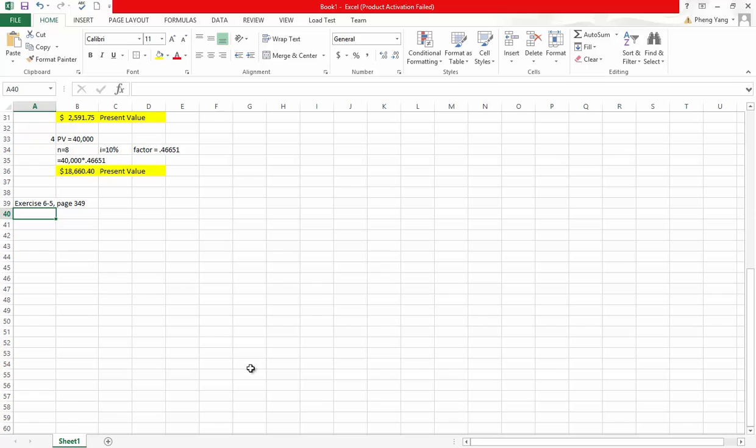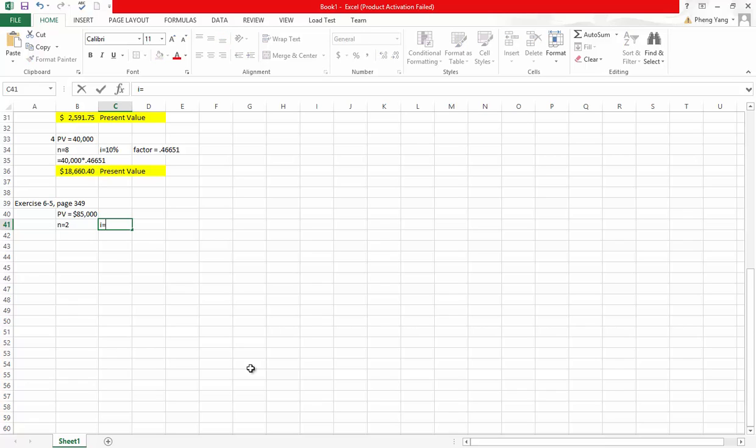Okay, so same scenario as what we've been doing. So we're saying what is the present value of 85,000? Okay, well, same scenario. We know our number of payments, which is going to be 2 because it's for 2 years. From June 30th, 2013 to June 30th, 2015, that's 2 years.